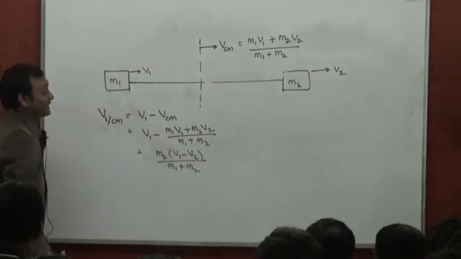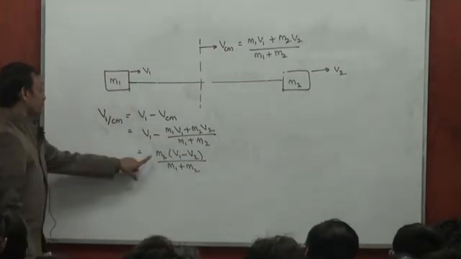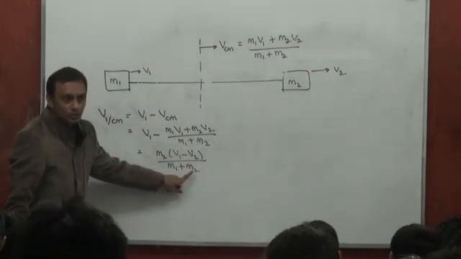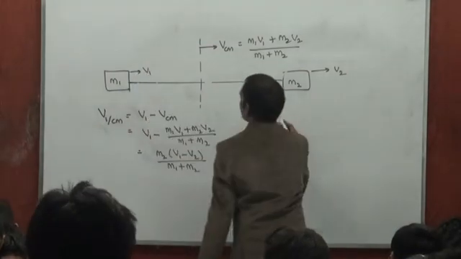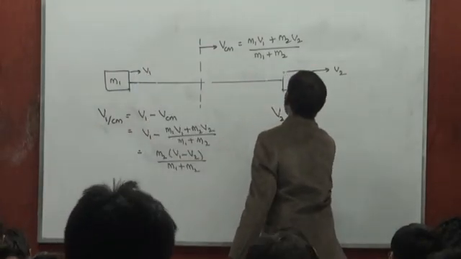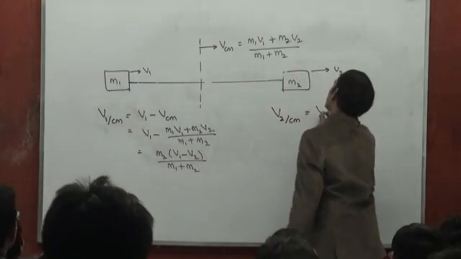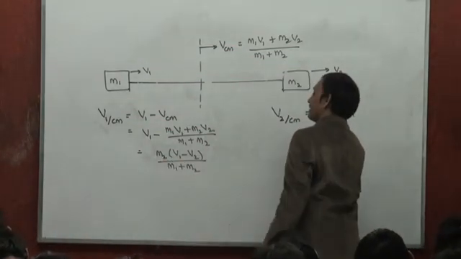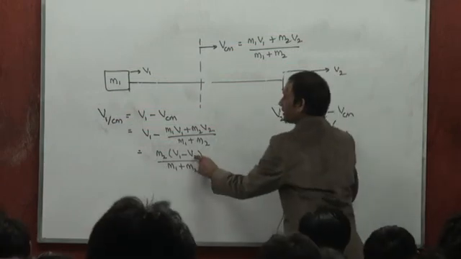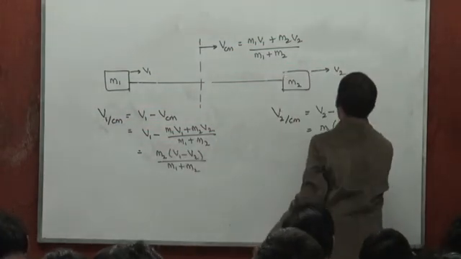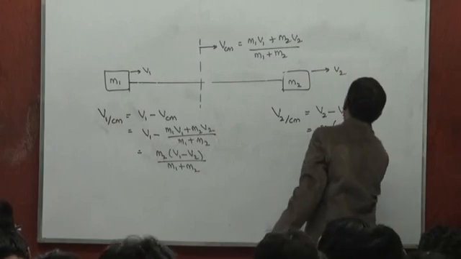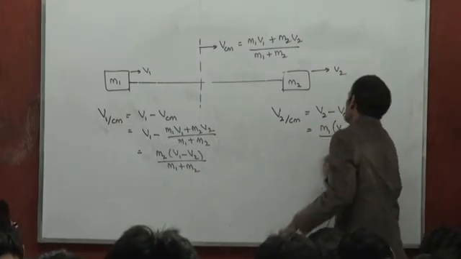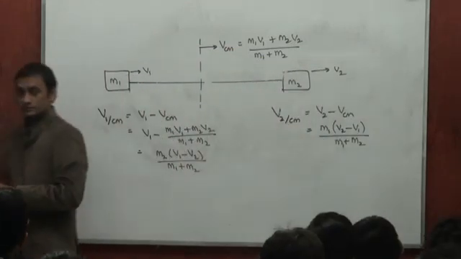The velocity of 1 in the center of mass frame is going to be the mass of 2 into v1 minus v2 by m1 plus m2. In a similar manner, the velocity of 2 in the center of mass frame, which is v2 minus vcm, will turn out to have m1 instead of m2, and v2 minus v1 instead of v1 minus v2. That's the velocity of 2 in the center of mass perspective, right?